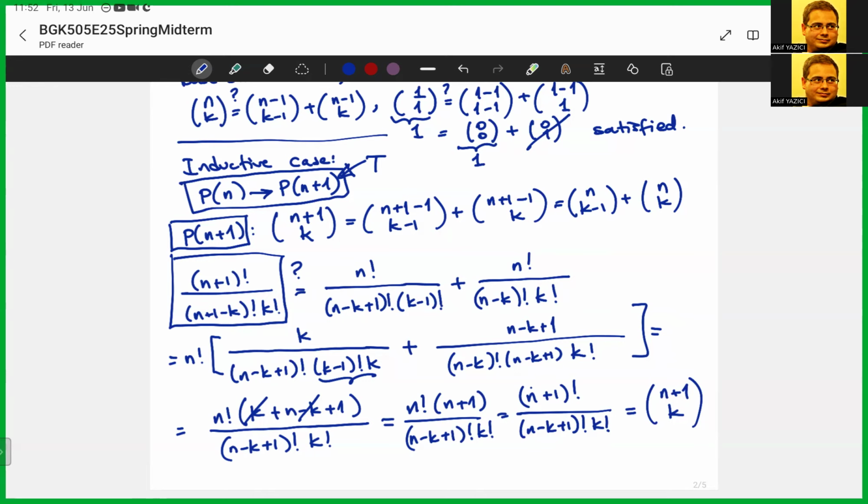Because whether P(n) is true or false, the implication, true implies true or false implies true, will always be true. So if you make this argument, I have shown that P(n+1) is true, which means the implication is true, therefore the inductive proof is done.